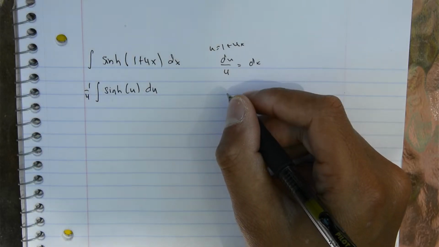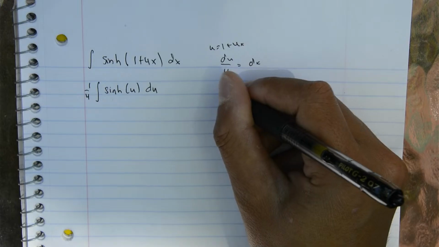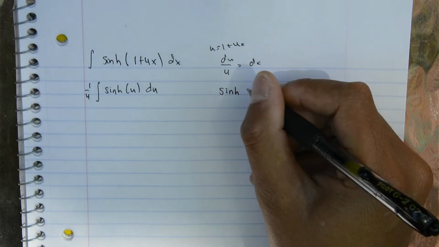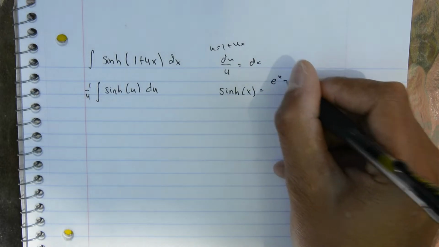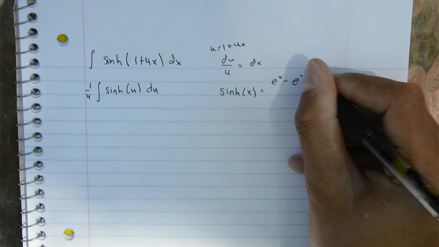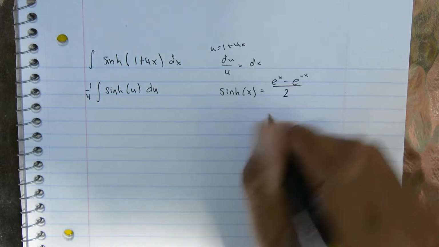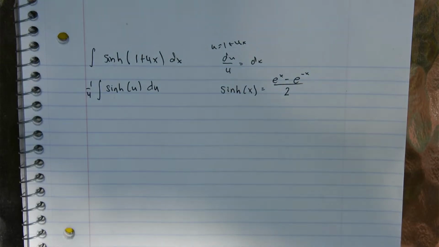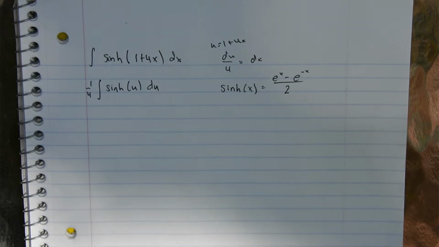I think sinh of x is equal to e to the x minus, I can't remember which one's plus and which one's minus, e to the minus x, over 2. I think it might be 2. Let me look up hyperbolic trig functions. Yeah, so that was right, but I don't know how to memorize that.